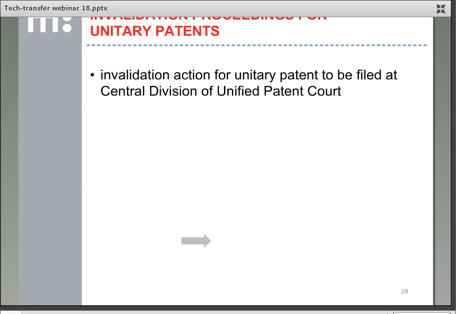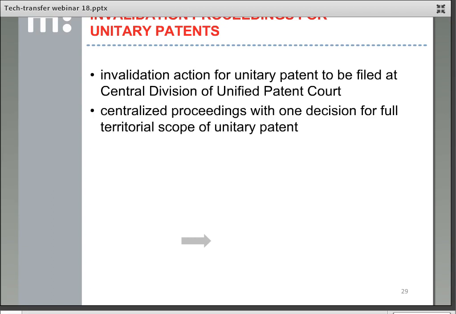Well, one of the main aspects in introducing the unitary patent system was that, as I said before, after grant of the EPO patent, it splits up into national patents, and that's supposed to change. There will be an invalidation action for a unitary patent as a whole, and that will need to be filed at the Central Division of the Unified Patent Court.